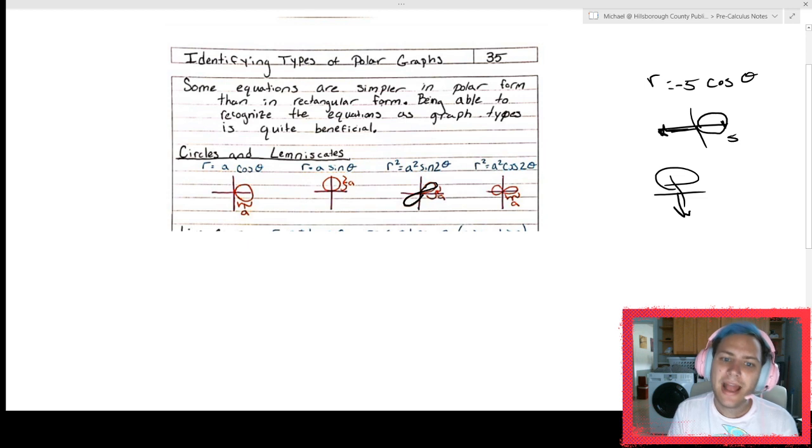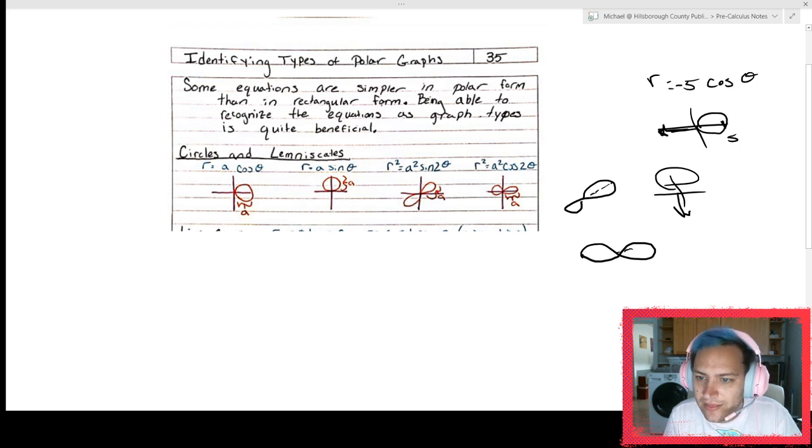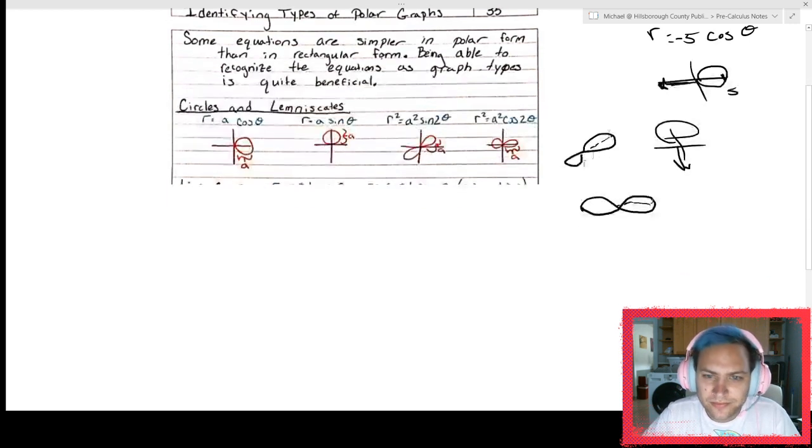The a value is going to be the length of, if you draw this infinity sign, this length right here. A little bit harder to check. The cosine version is easier because you get this actual infinity sign, and the a value is a nice horizontal line, so you could easily count that. For the sines, you would have to use a distance formula to figure out what that's going to be, so it's a little bit tougher.